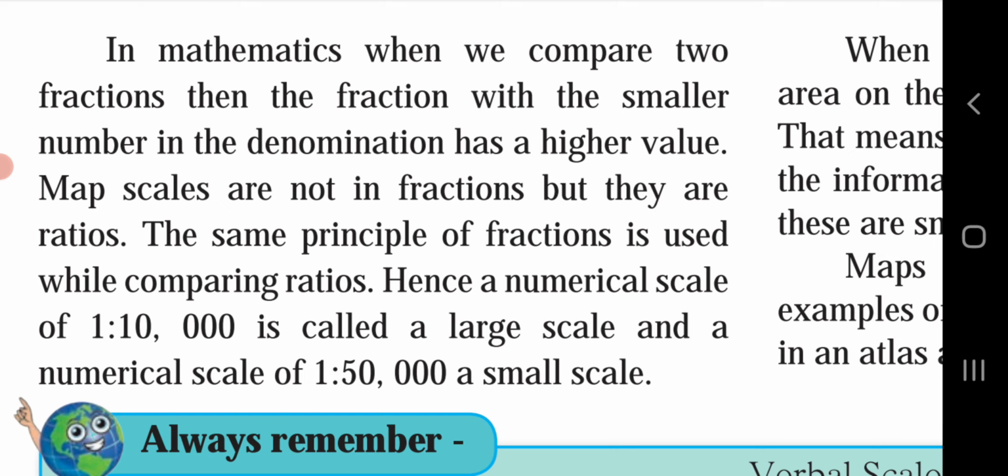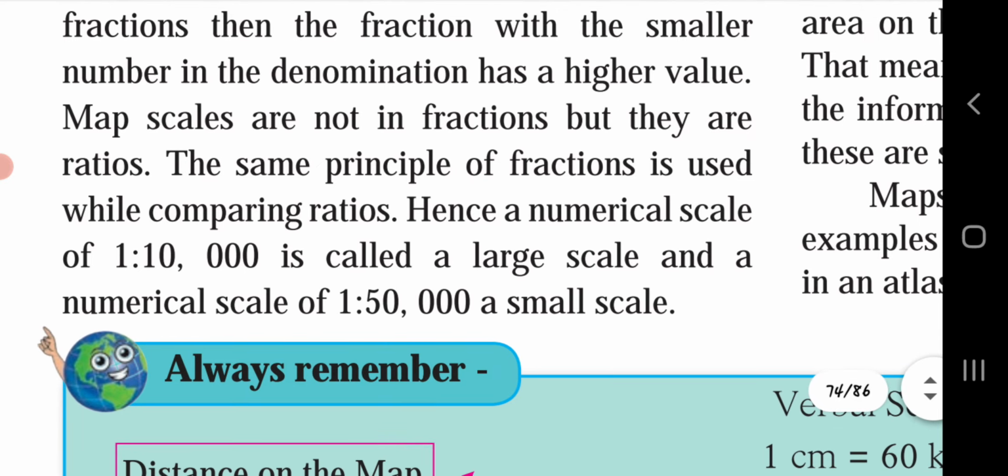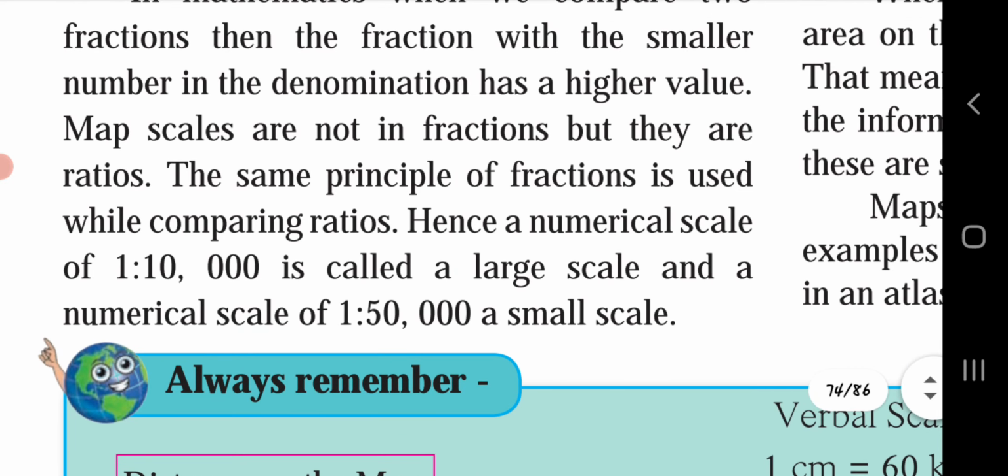The same principle of fractions is used while comparing ratios. Hence, a numerical scale of 1:10,000 is called a large scale, and a numerical scale of 1:50,000 is a small scale. You can see the mathematical fraction and the ratio fraction are different. When a numerical scale 1:10,000 is given, it is a large scale area, and when the numerical scale 1:50,000 is given, 50,000 is greater than 10,000, but then also it is a small scale area.